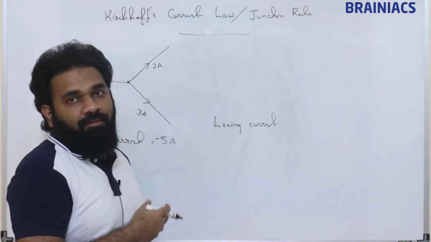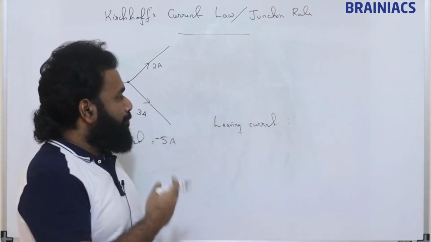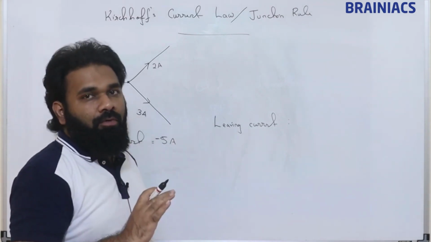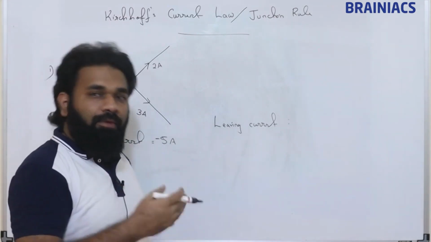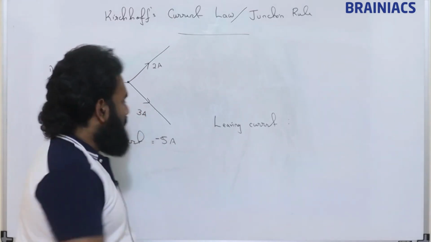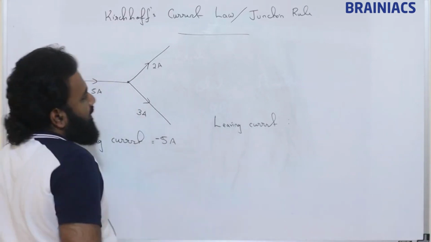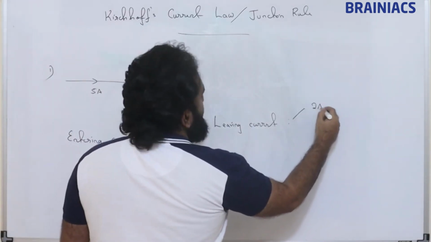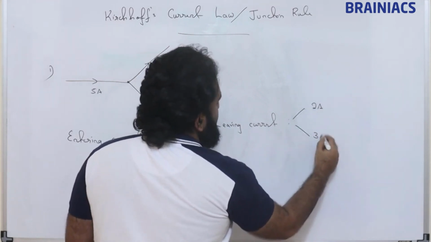A lot of sign conventions will come in this topic, and any sign convention we can follow. Whichever way we do, we will come to the answer if we do it carefully. So I am taking this as minus 5 ampere, then the leaving currents will be, one is 2 ampere, another is 3 ampere.